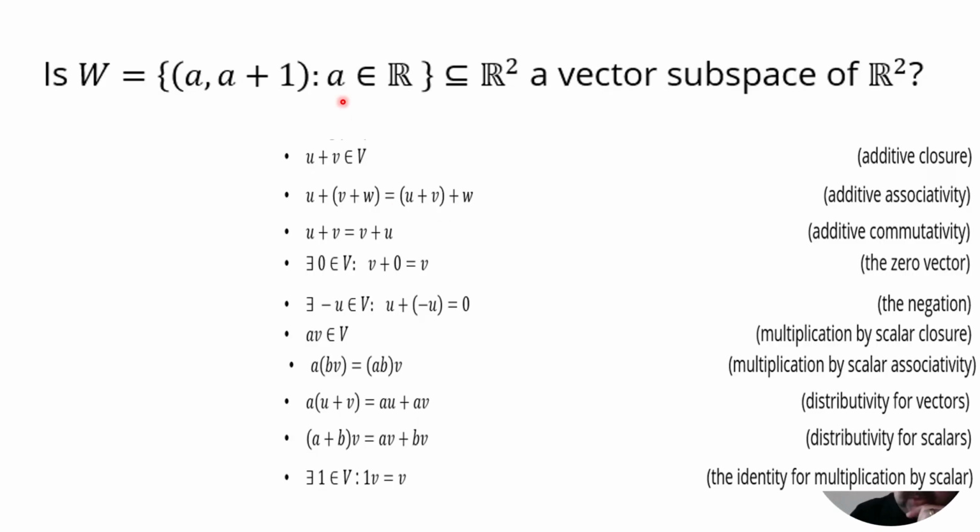If A is equal to 0, the origin will be (0, 1), not (0, 0), which is the origin of R2. And for a subvector space to belong to a certain vector space, they should share the origin. I will stop at this part for this week, and I will continue next week, inshallah.